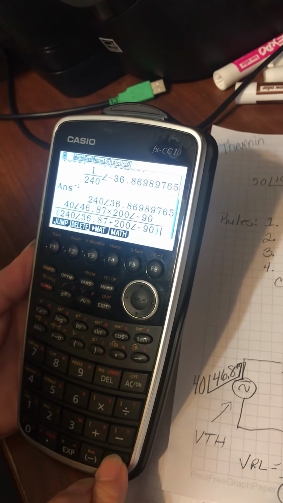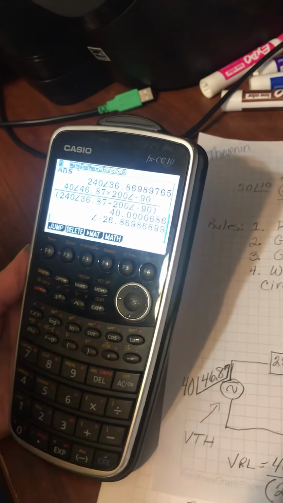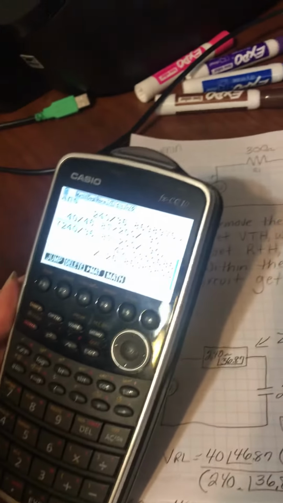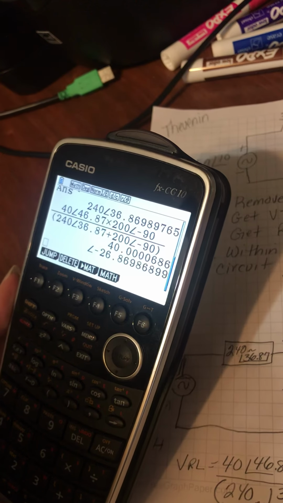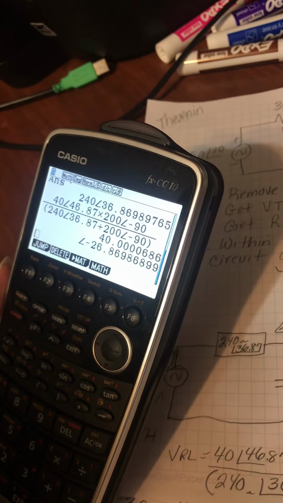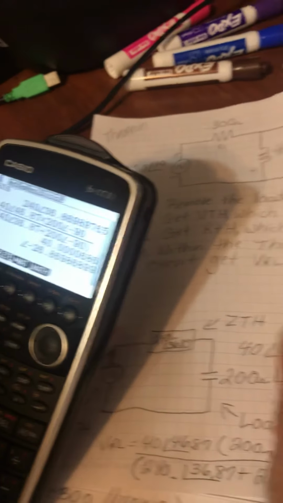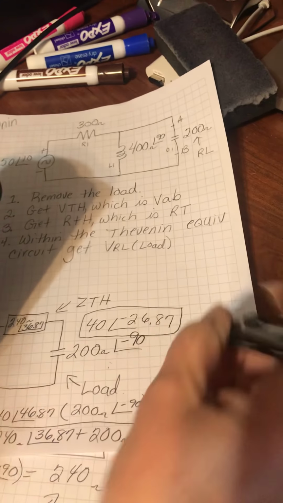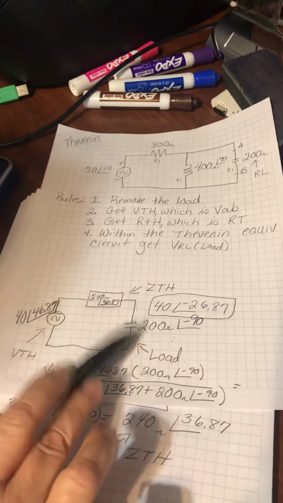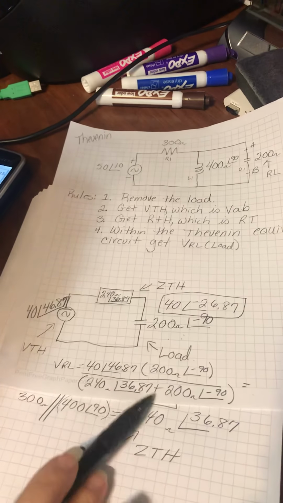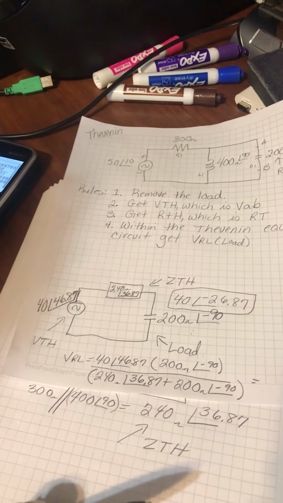So the voltage across this load is 40 volts at an angle of negative 26.87. And that's the answer we're looking for. We're looking for the voltage across the load within the Thevenin equivalent circuit. Okay, there's more to come.